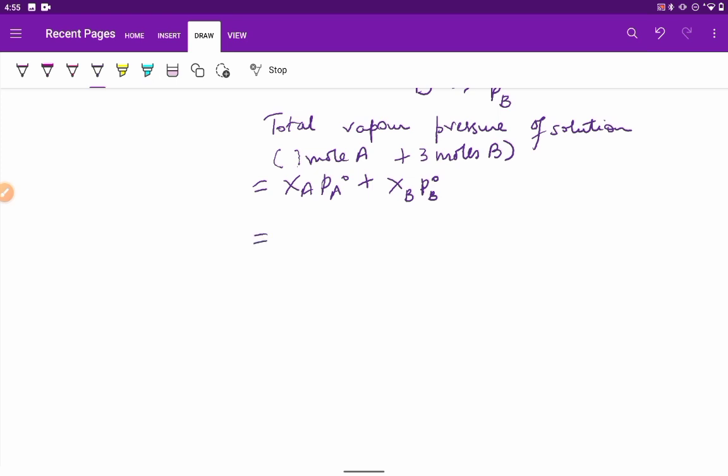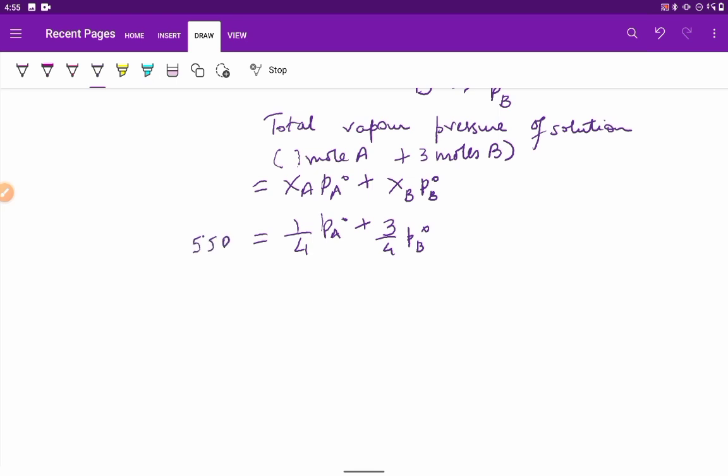So that will be equal to, see, total 4 moles, for A that is 1 mole, so it will be 1 by 4 PA naught plus 3 by 4 PB naught, and the total pressure is given as 550. It is given in the question.